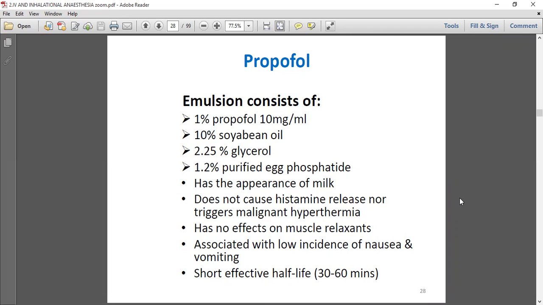Sodium thiopental is yellow. Ketamine, I don't remember for sure. Ketamine is not milky. Propofol is white when you put it in the drip.